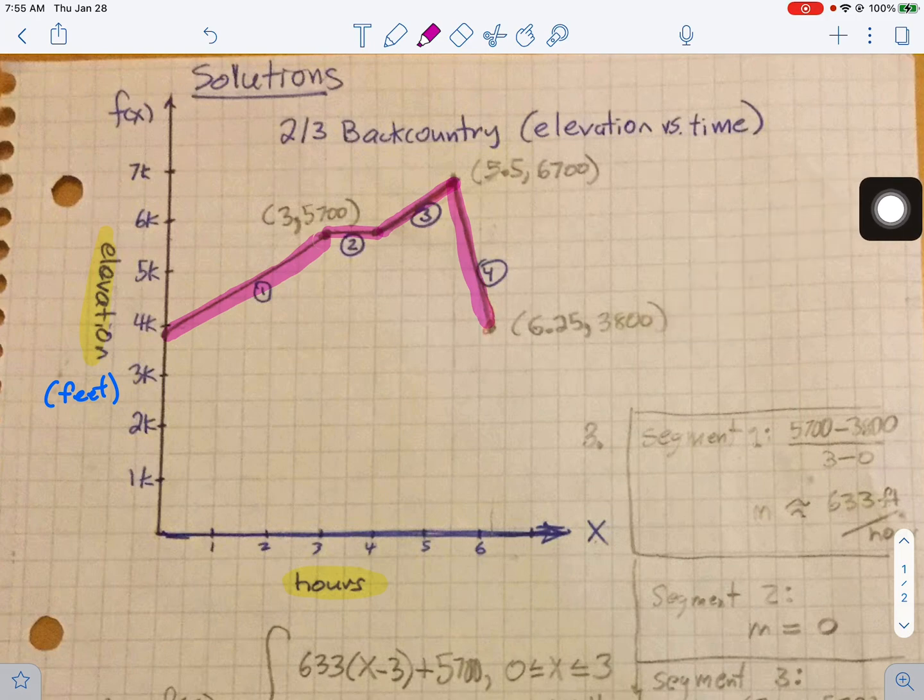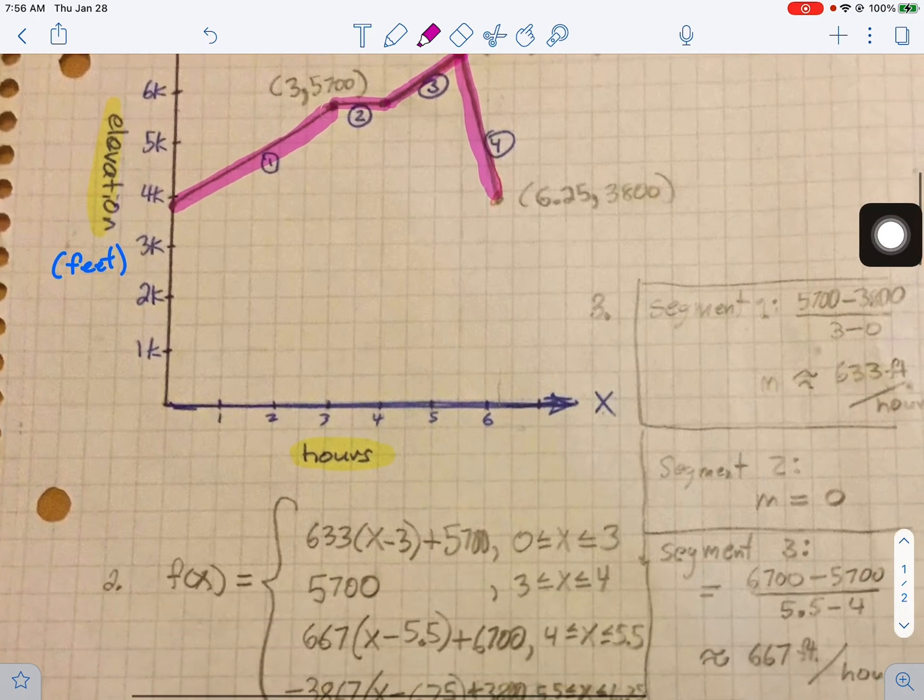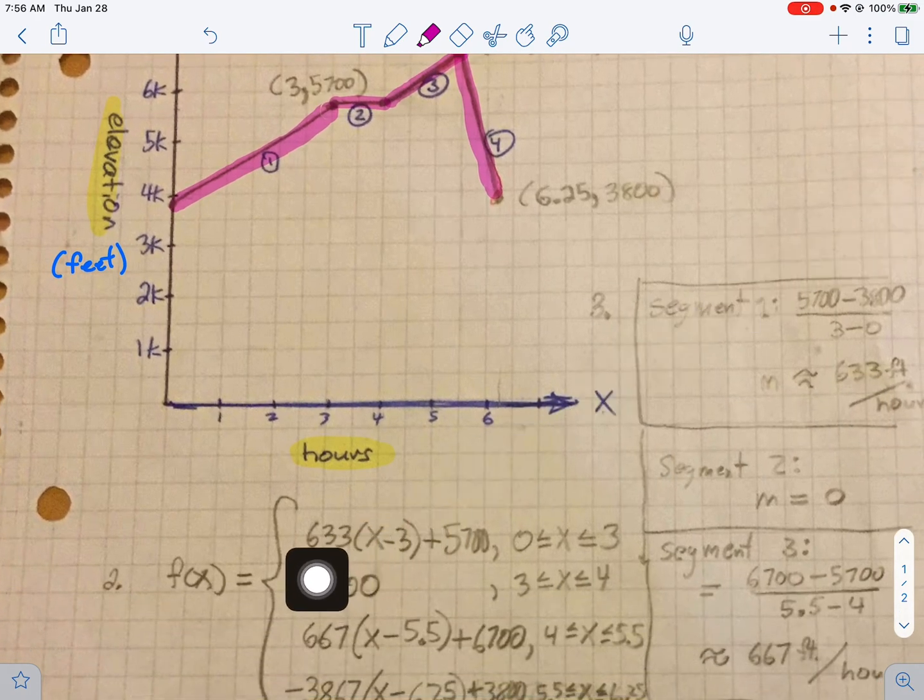The slope we can calculate right here is the change in y, 5,700 minus 3,800, over the change in x, 3 minus 0, is approximately 633 feet. So therefore our slope is 633. Our point is 3, 5,700, so 633 times x minus 3 plus 5,700, and the constraint is during the first 3 hours.